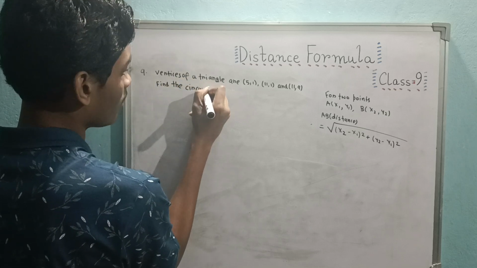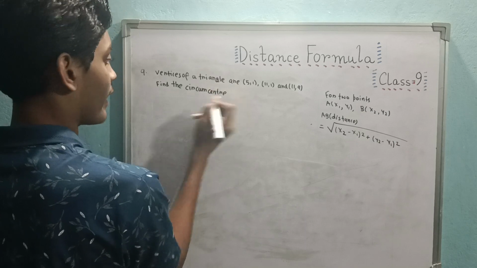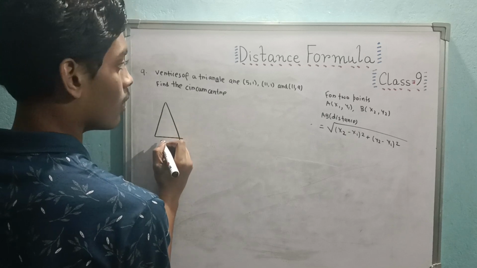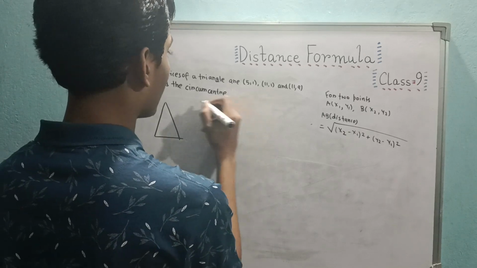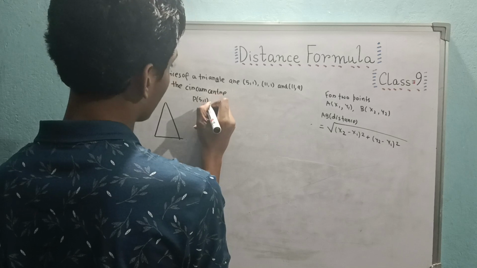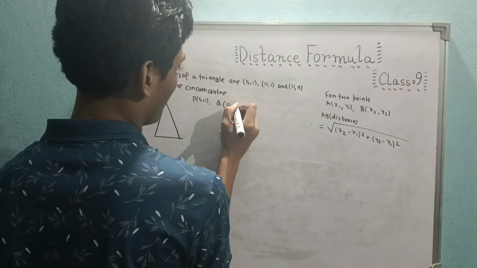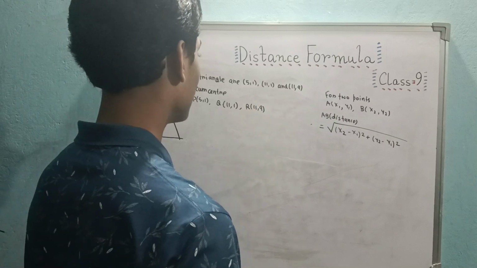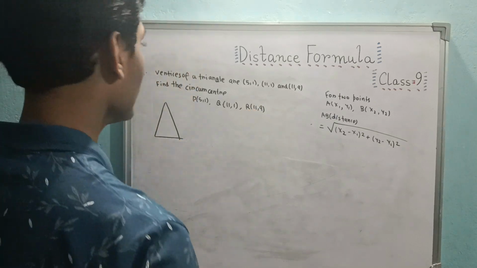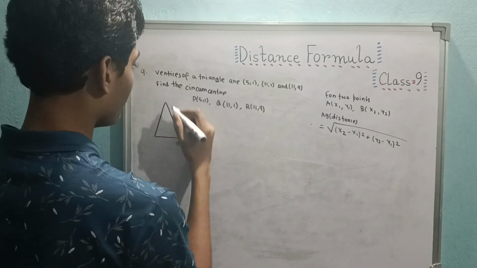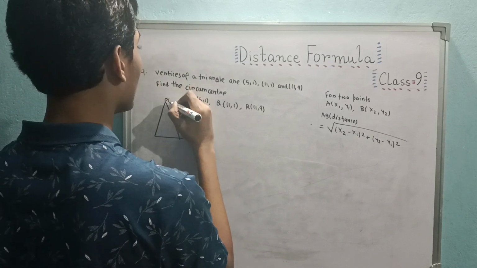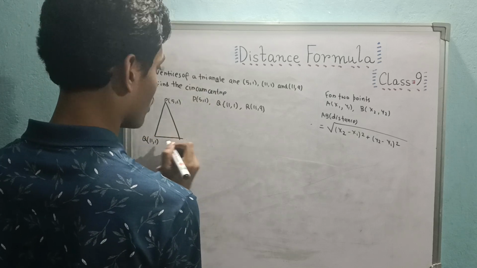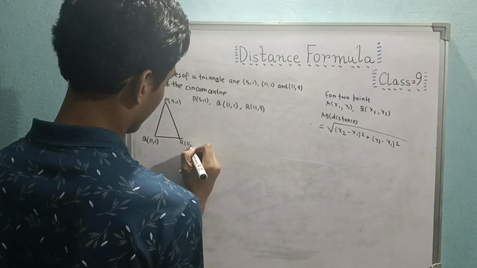So first of all, let me explain what is circumcenter. First of all, the triangle. This is a triangle. Suppose I give the names P as 5, 1, just for the convenience, Q as 11, 1, R as 11, 9. So this means, suppose PQR, right? P 5, 1, Q 11, 1, R 11, 9.